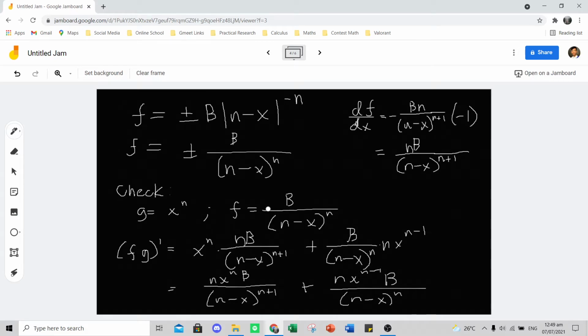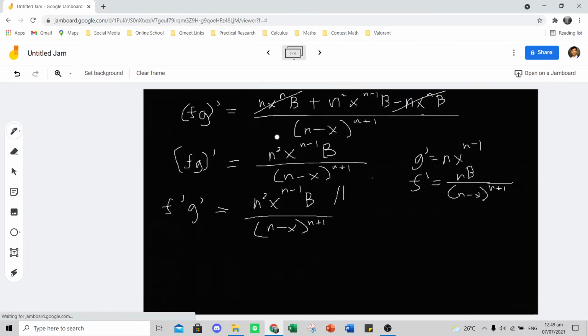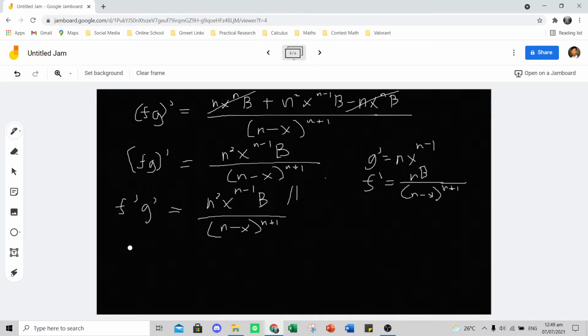And now we see the solution. So really, our final claim is that if we check a lot of classes of functions or test it, then fg prime is equal to f prime g prime if and only if f is equal to plus or minus, is it a or b?